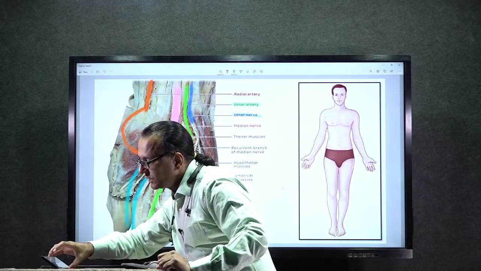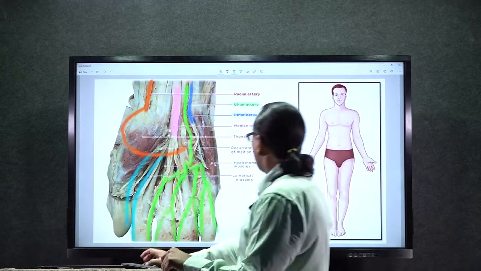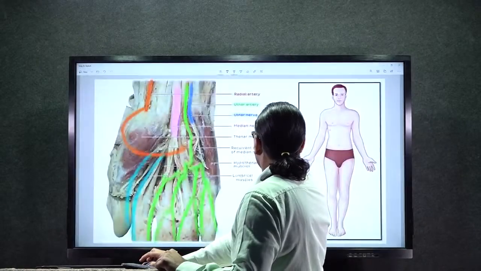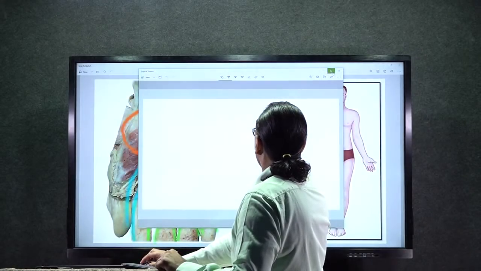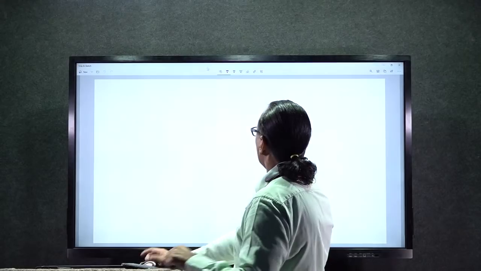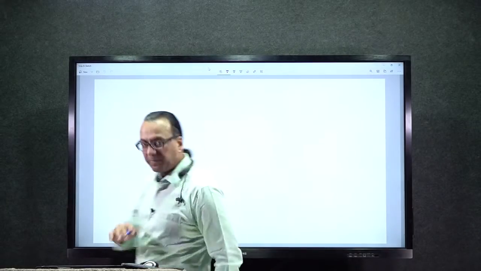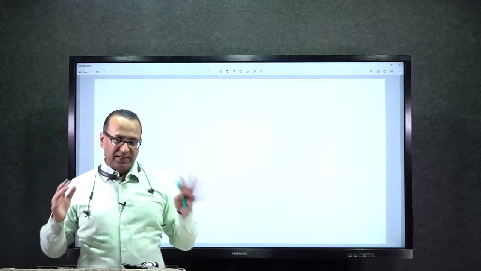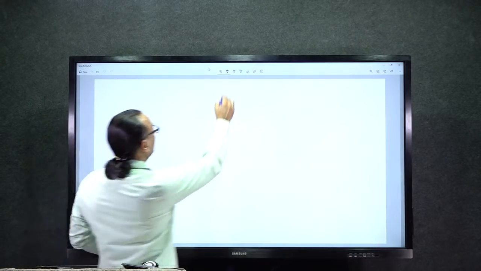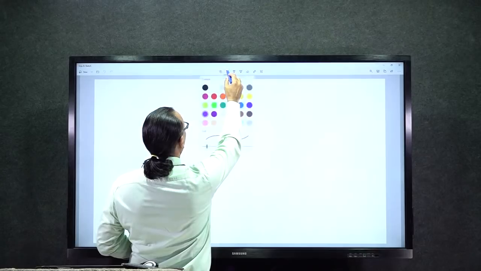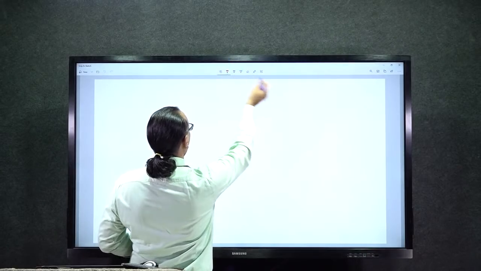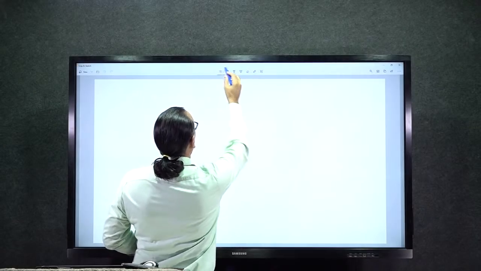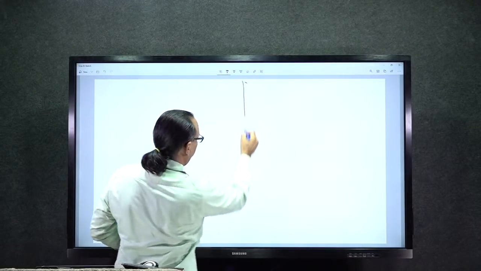Now let me see, the time is finishing. So let me draw a quick diagram now, which will be a kind of a summary. Let us do that. You will start with, say, this is the midline of the body.